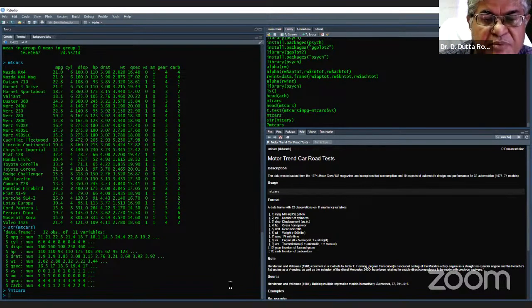Is it visible to all of you? mpg means miles per gallon. And this vs means engine. If it is 0, then it is V-shaped. And if it is 1, then it is straight. Okay, so vs is your independent variable. am is also an independent variable. Is it clear to all of you or any question?